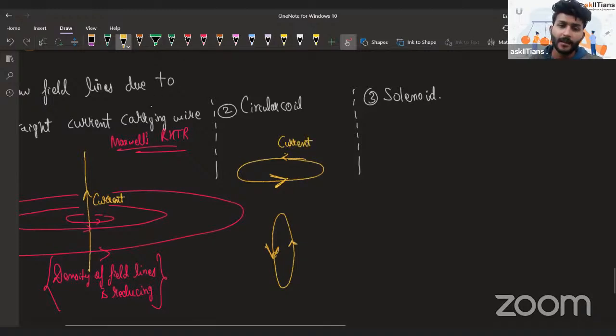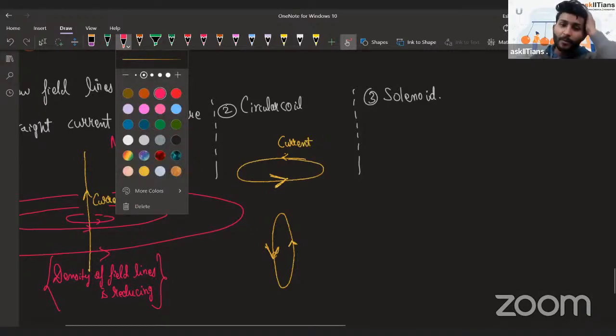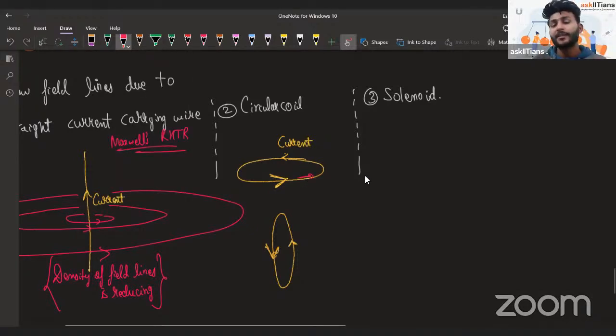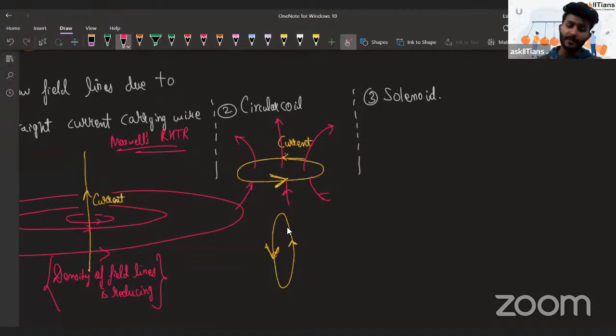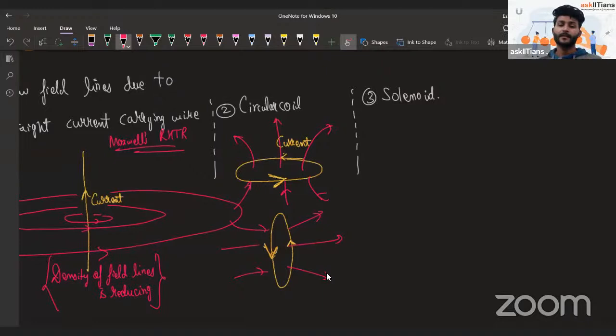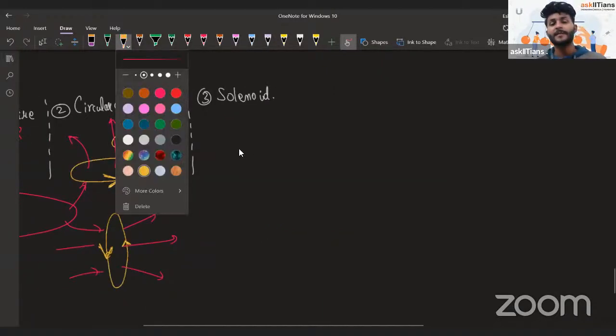Imagine the same thing: for every point, point your thumb along the current and curl your fingers around it. So it's going to be like this, or in this case, like this. But due to a solenoid, what do the magnetic field lines look like?